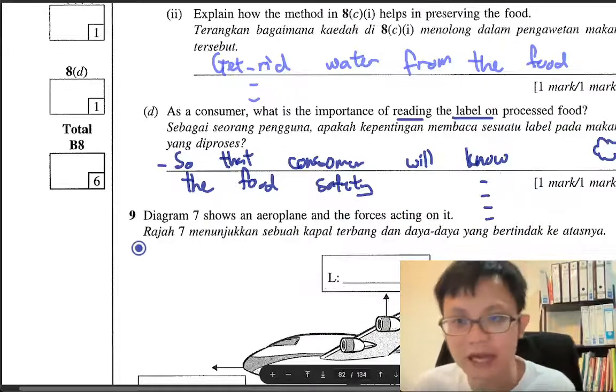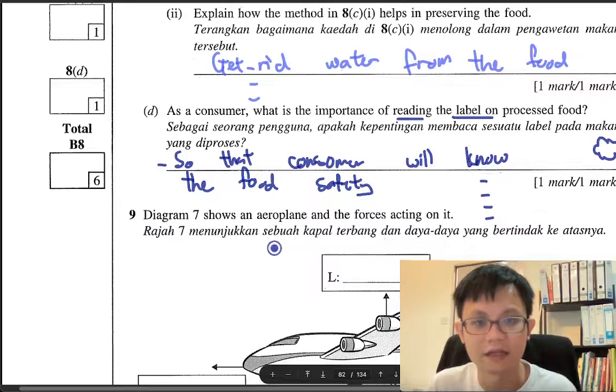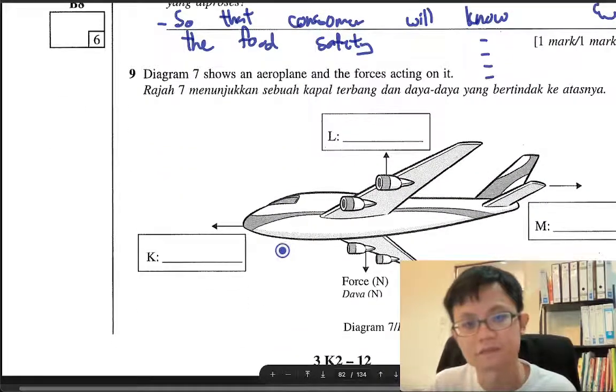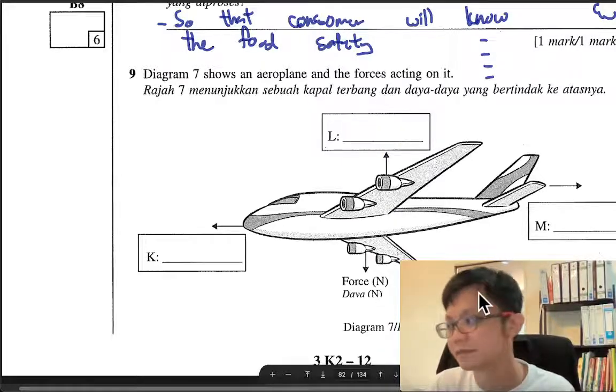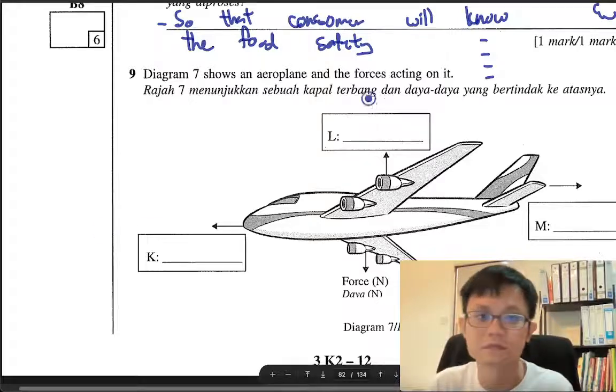Okay, diagram 9. Diagram 7 shows an aeroplane and the forces. So what are the three forces? There's a force going down, which is the gravity pulling down the plane. So what is the L? Thrust force.